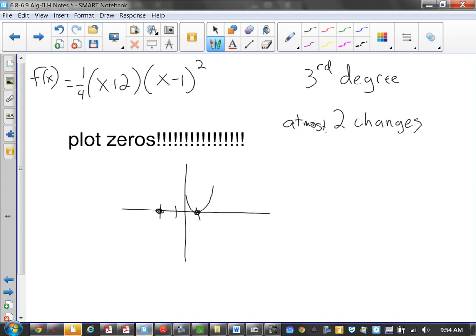Remember when you did this? If you FOILed that out, you get x squared minus 2x plus 1. Do you agree? That means that your zeros, when you factored it, were just at +1.